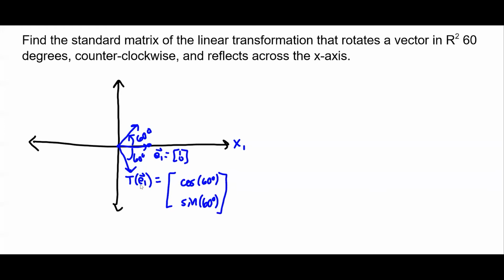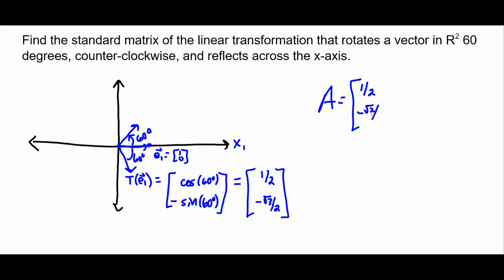In the 4th quadrant, cosine's positive and sine's negative, so I'm going to call this negative sine of 60 degrees. So we just need to remember our trig. That's going to be 1/2, and this is negative square root of 3 over 2. So in our standard matrix, that is our first column, the transformation of E1.